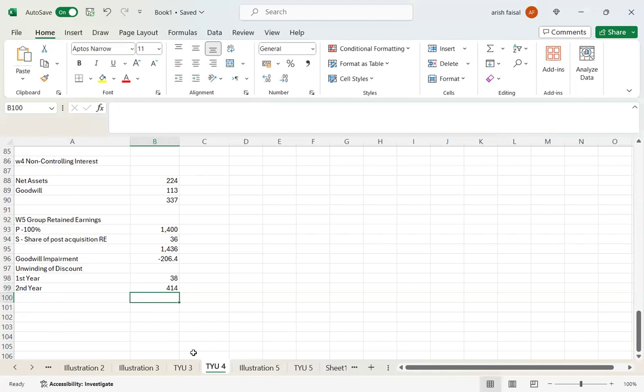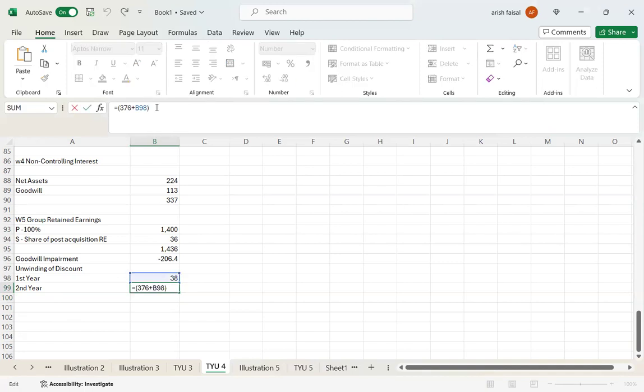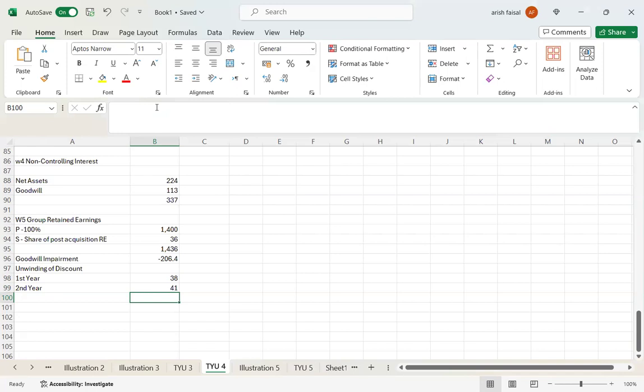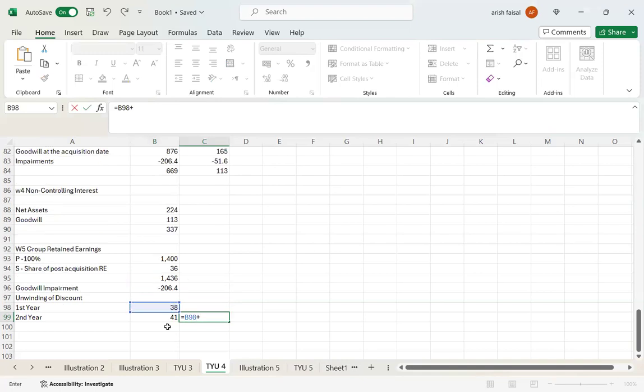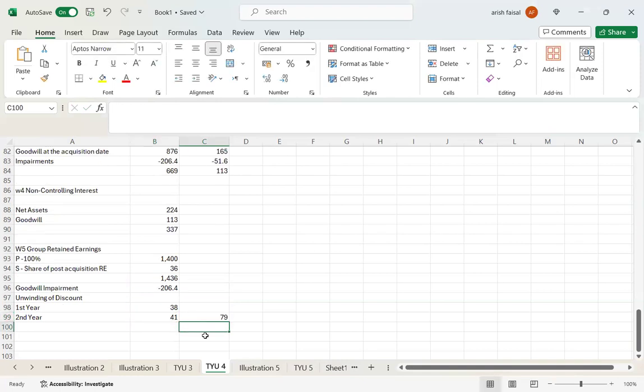But on that 414 for the second year, again you have to apply a 10 percent interest. So it will become 41 for the second year expense. So the total finance cost, or the total increase in the liability in these 2 years, has been around 79. You can see 38 and then you add 41. So that is 79.